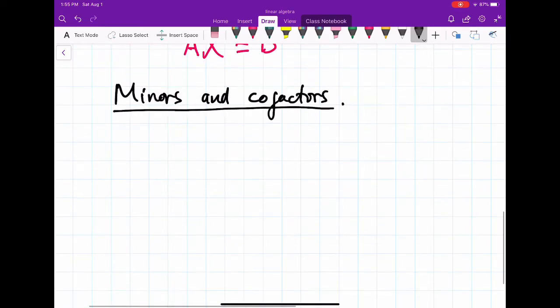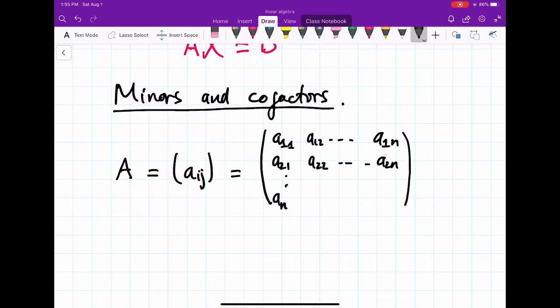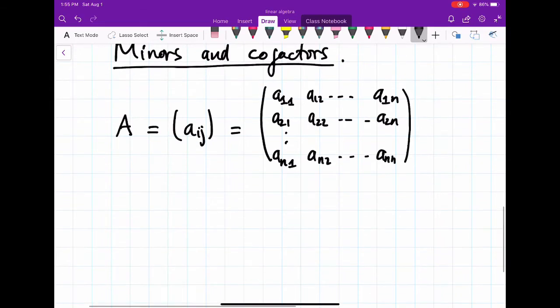Suppose that you have some square matrix A, with entries a11, a12, and so on up to a1n, then a21, a22, up to a2n, and then an1, an2, and so on up to ann. You pick some entry aij somewhere in here, on the ith row and the jth column.